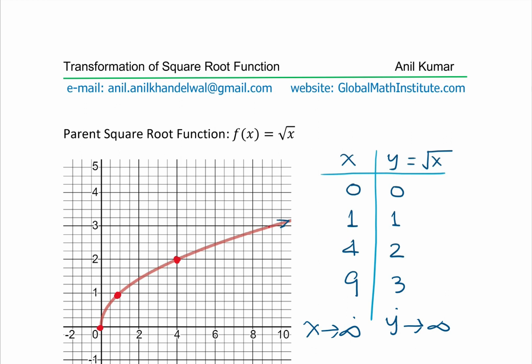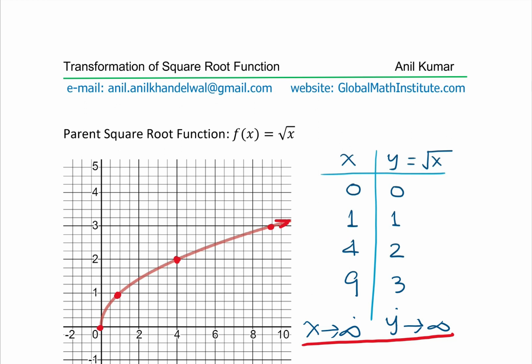So these are the four critical points and the end behavior: as x approaches positive infinity, y approaches positive infinity. So these are the five characteristics which we will always consider when we sketch the graph of a transformed square root function. I hope this point is absolutely clear.